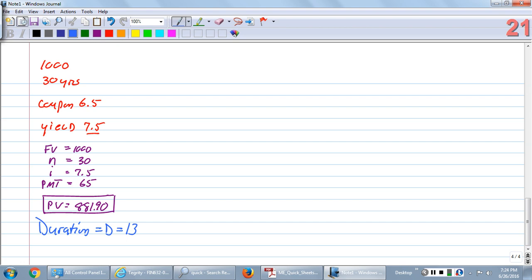Okay, so now let me show you another application of duration. I'm going to take duration and divide it by 1 plus my yield to maturity. And that gives me another term called modified duration.